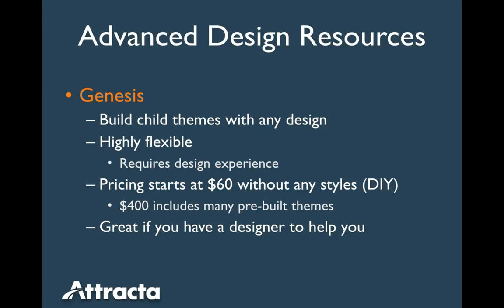They're highly flexible, although they require that design experience. The price starts at $60 for just the framework, but for $400 you can get access to their library of 40 or more themes already made. You still need a little bit of design to do, but it really maps out how everything interacts with each other.